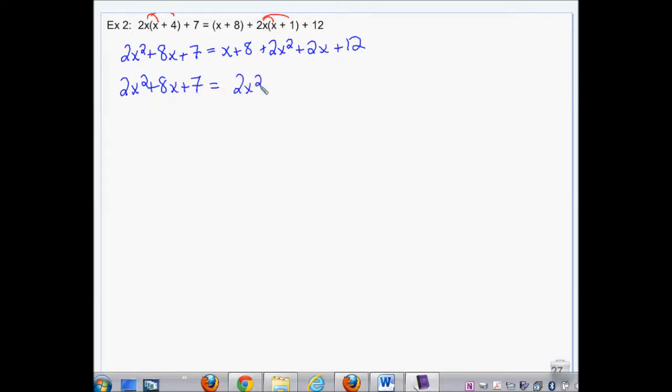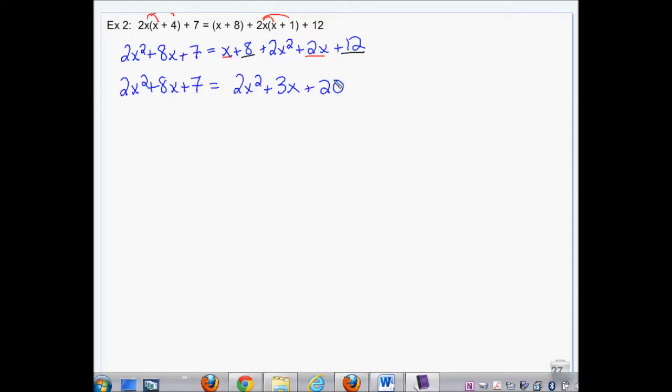I have x and 2x. So x plus 2x gives me 3x. And then I have 8 and 12. 8 plus 12 is 20.